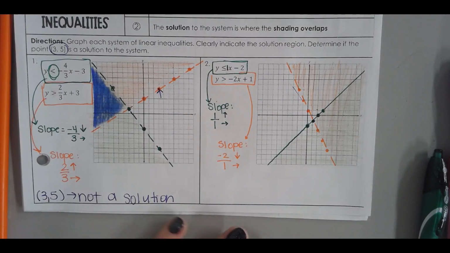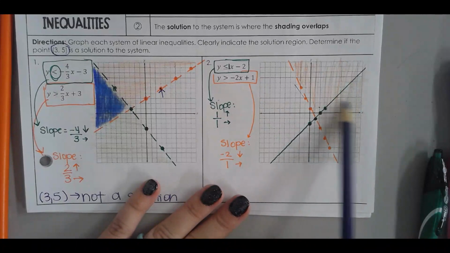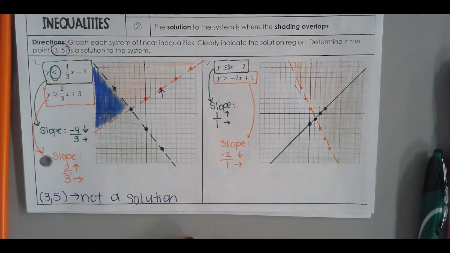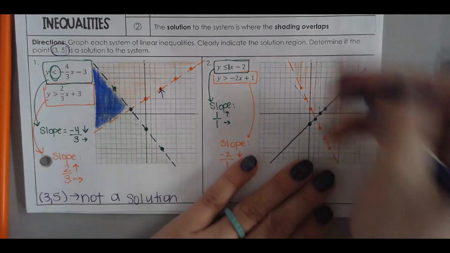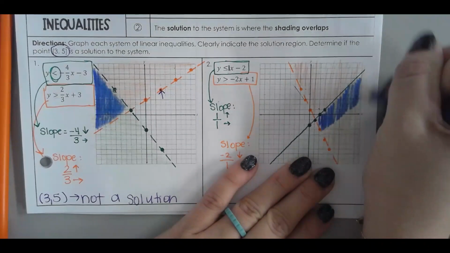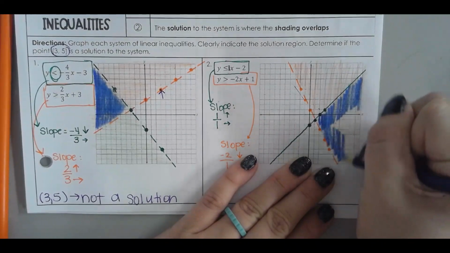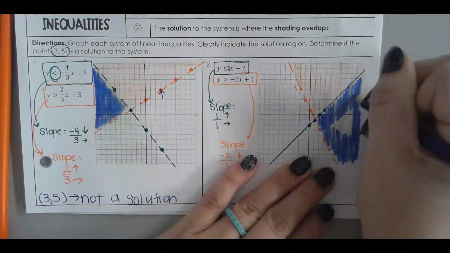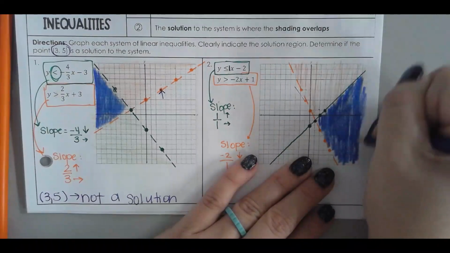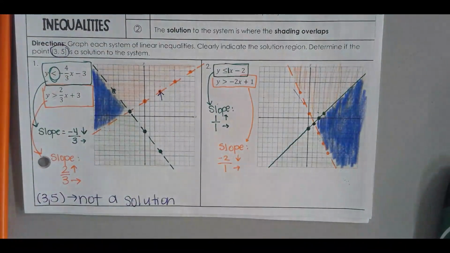Then if you did everything correctly, this section here on the right, I have both colors in that section. So I'm going to take my third and darkest color and make it obvious that that is my final solution. So any point that's in that dark shaded region would be a solution.